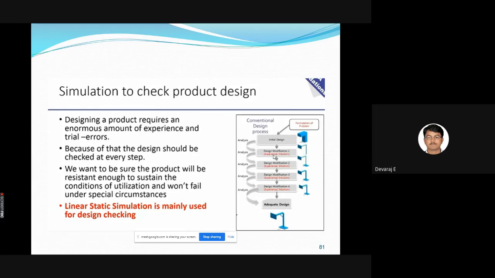In this, they go for topology optimization and check whether the stress is beyond 90 megapascal or not. When the stress is still less, like 40 or 50 megapascal, they go again for design modification 2, 3 and 4. So there are 4 design optimizations. This is called topology optimization.